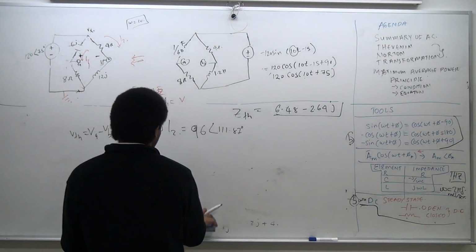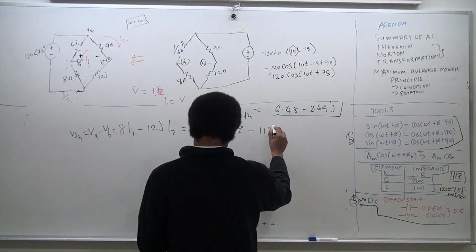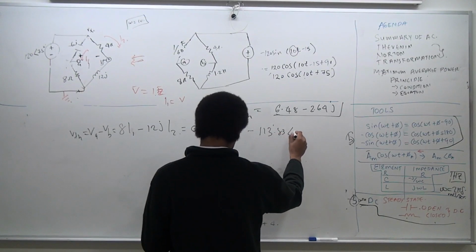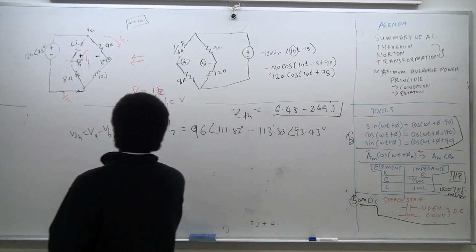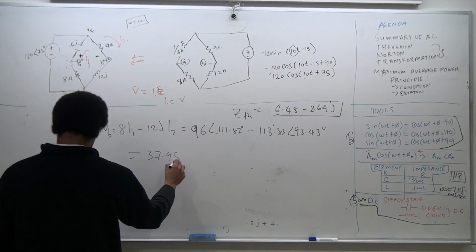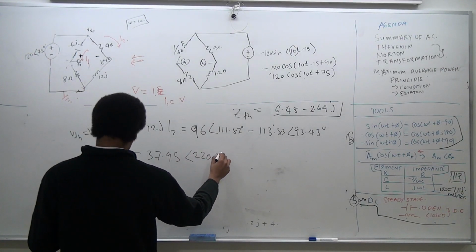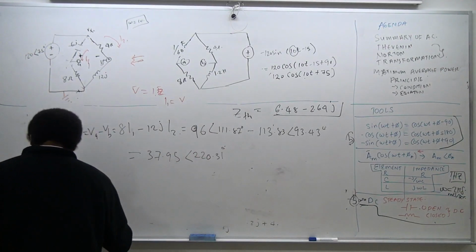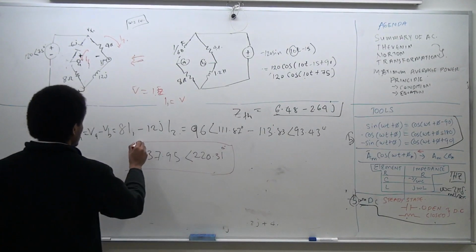In fact, it should be this minus 113.83 angle 93.43. So ultimately, it's equal to 37.95 angle 220.31 degrees. This is your final V Thevenin.